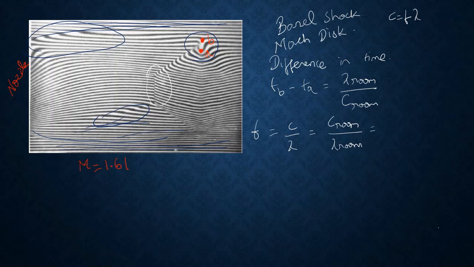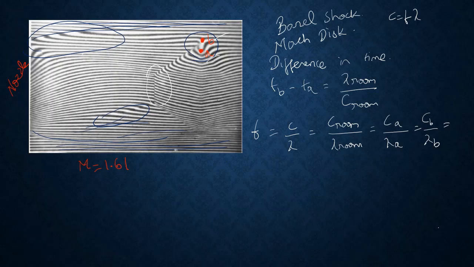We may also write it for the two interference fringe patterns: it is CA by lambda A, and also CB by lambda B. Inside the interference, we are considering 2 dark fringe points, point A as well as point B, and we are writing this frequency at point A and point B. So the frequency is equal in all conditions.